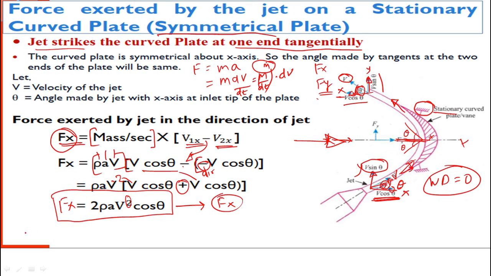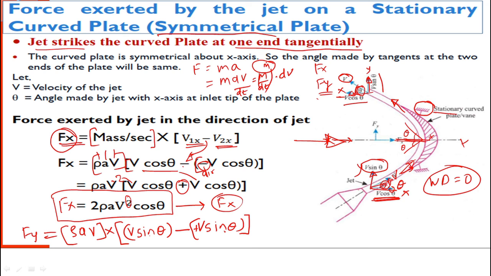Now what about the y direction? Similar to the previous derivations, we can calculate the force acting in the y direction. Here also the same formula applies: mass flow rate rho a V into the initial velocity in the y direction, V sin theta, minus the final velocity in the y direction, which is also V sin theta, with the same direction, so the sign is positive.